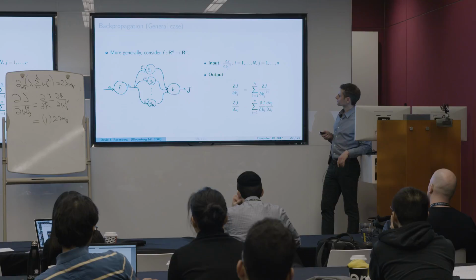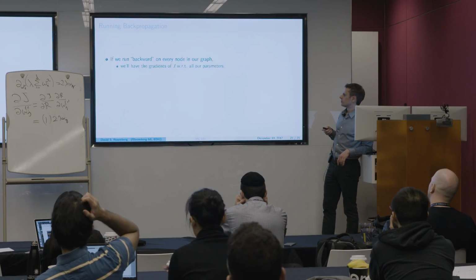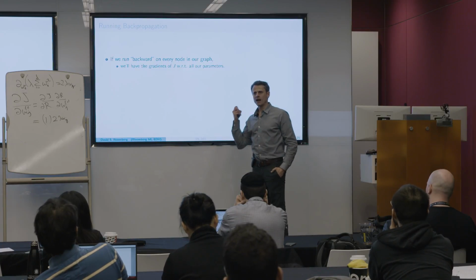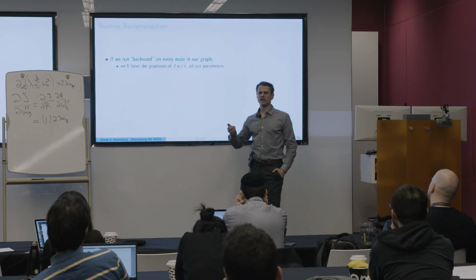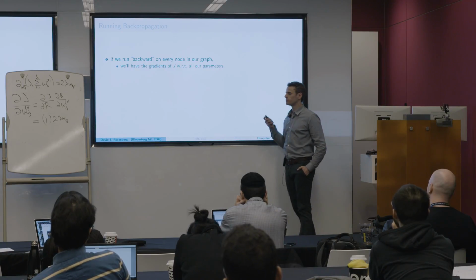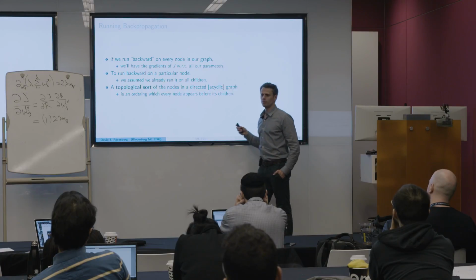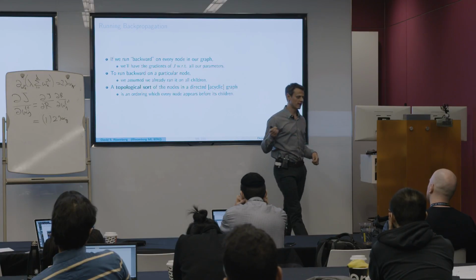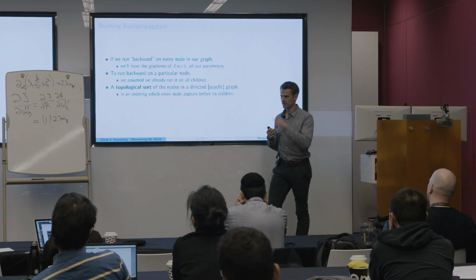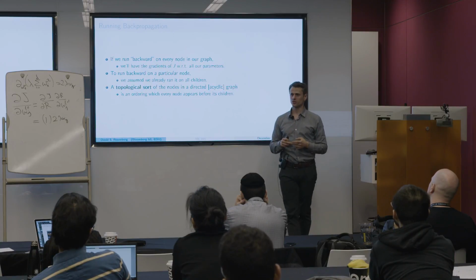How do we run this thing? Well, we have to guarantee that backward is called on a particular node only after all of its children have already had backward called on them, so you have the prerequisites. So there's something called a topological sort for a directed acyclic graph. You can't have any directed cycles, or you can't have a topological sort.